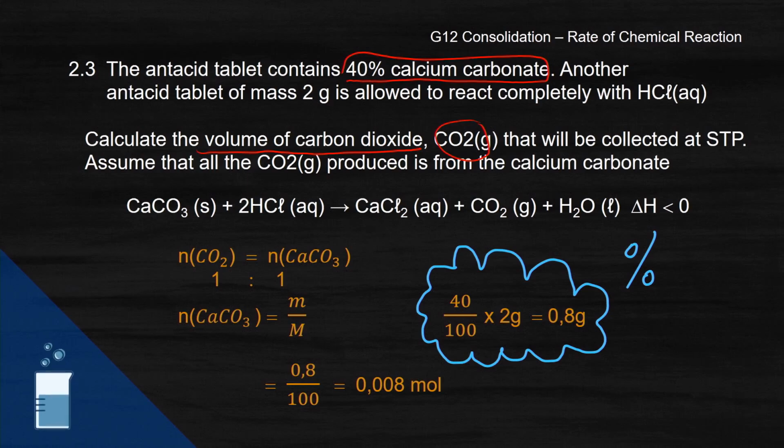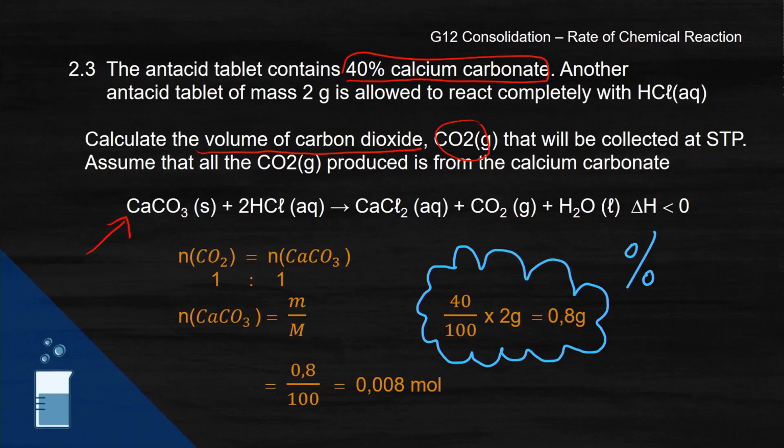Right, so again, we need our balanced equation, and we need to have a look at our mole ratio. The two substances in this question are calcium carbonate, the solid, and the carbon dioxide gas that is made.